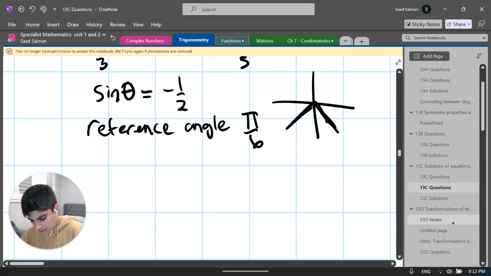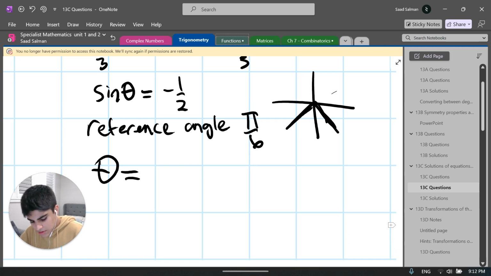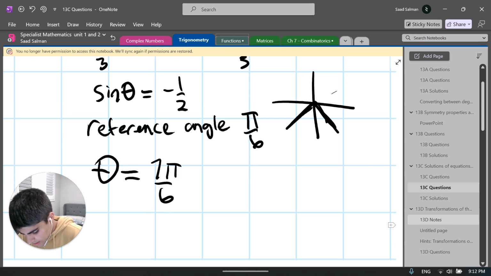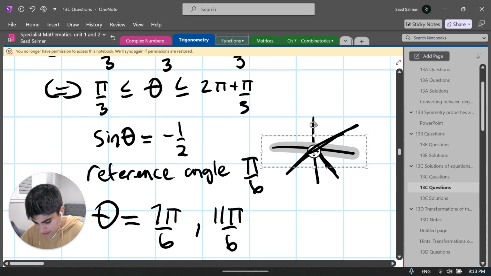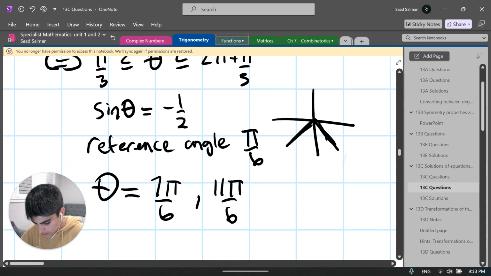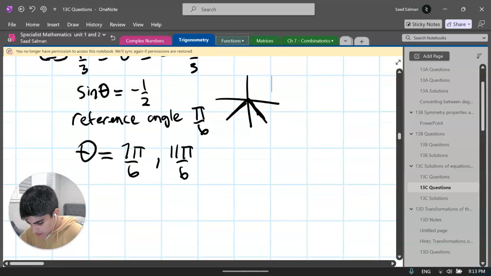Let's get started. Theta equals 7 pi on 6 and 11 pi on 6. We can't go any further because that's not a solution, and yep, these are our two solutions.